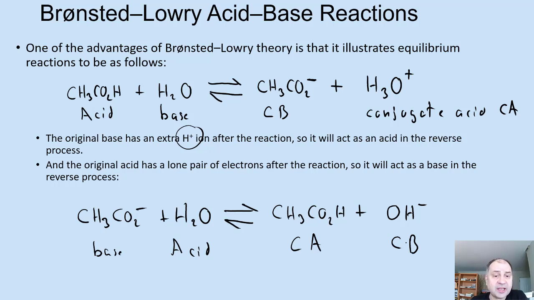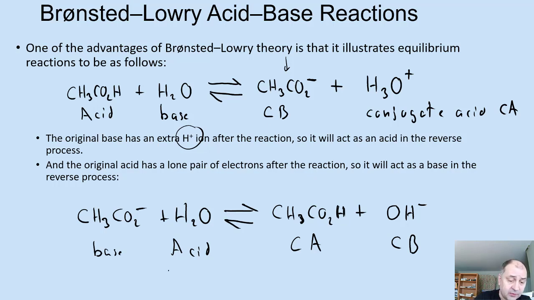And you also want to start thinking about equilibrium here, right? So if this is a weak acid, our equilibrium constant is going to be very small. So we're not going to produce a lot of acetate here. But if we have a source of acetate, that equilibrium is going to go very far to the right in this case because it's going to form more acetic acid.